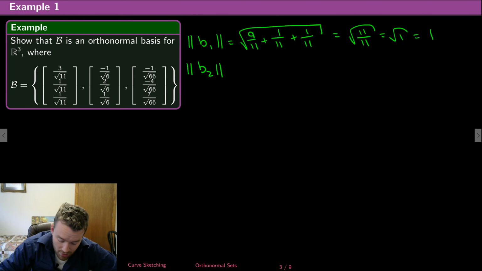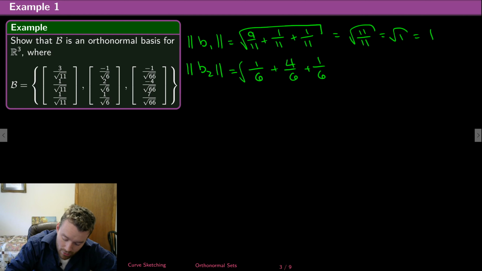So the norm of B2 is the square root of negative 1 over square root 6 squared, which is 1 over 6, plus 4 over 6, plus 1 over 6, the square root of that. This is equal to the square root of 6 over 6, which again is the square root of 1, which is 1.